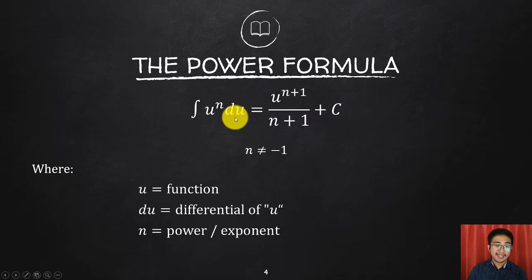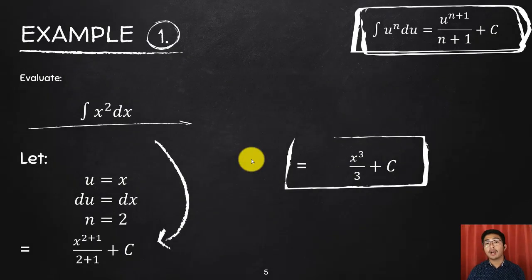Again, these 3 parts of the power formula must first be well defined or present. If they are not, you cannot proceed to the right side, the final answer of your integration problem. And of course, the limitation of this formula: the n must never be equal to -1.